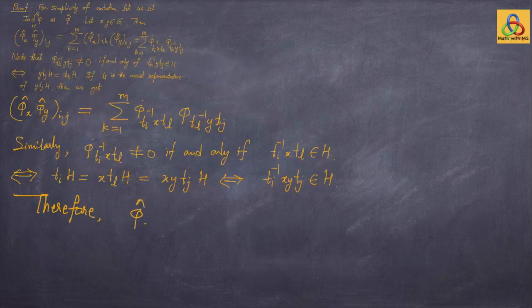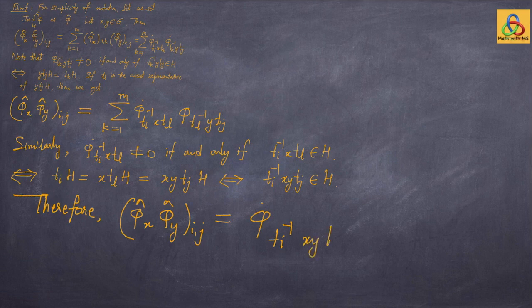Therefore, phi cap x times phi cap y, its ijth block, is the same as phi dot of Ti inverse x y Tj. And what is this? This by definition is the same as phi cap of xy and its ijth block.